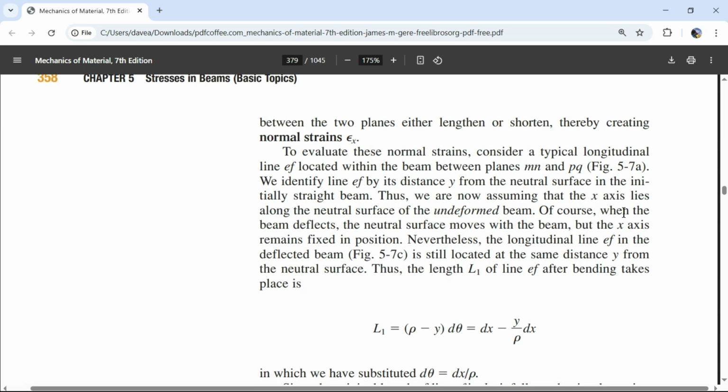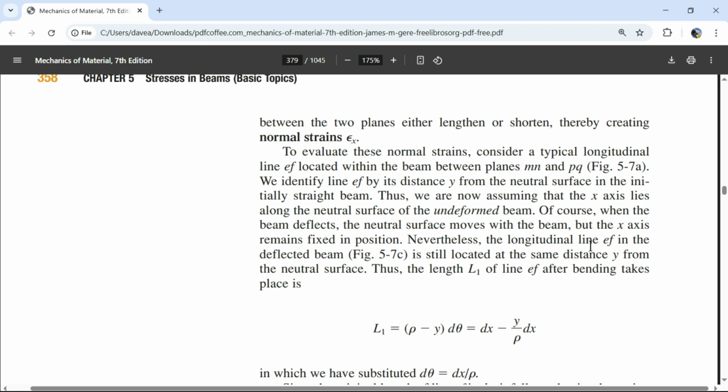Okay, so of course, when the beam deflects, the neutral surface moves with the beam, but the x-axis remains fixed in position. I'm glad I went over that, because that's exactly what I just said: the x-axis has to stay in position. The neutral surface will move upward. It'll deflect up, but it's no longer along the x-axis.